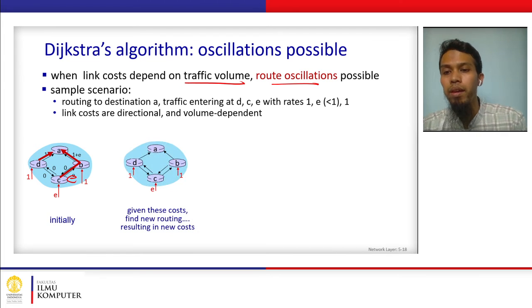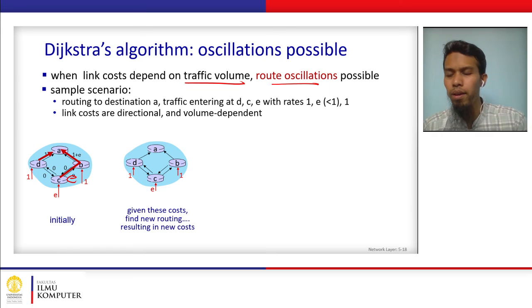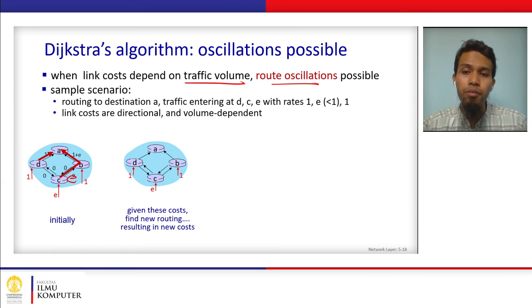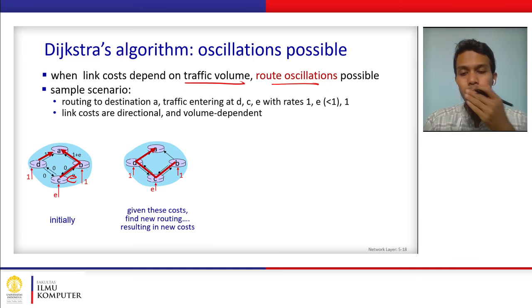So in the next iteration, nodes B and C might find that it is more efficient to route their traffic in the opposite direction. So now from B, it goes to C, then D, and then finally to A. And now the cost will be updated.